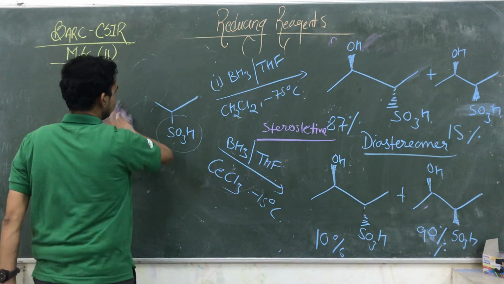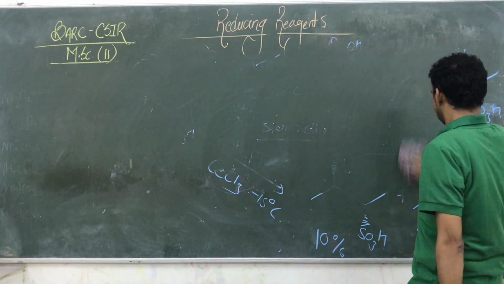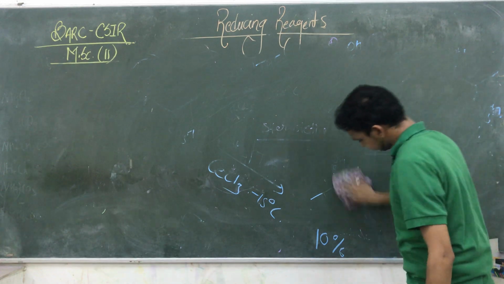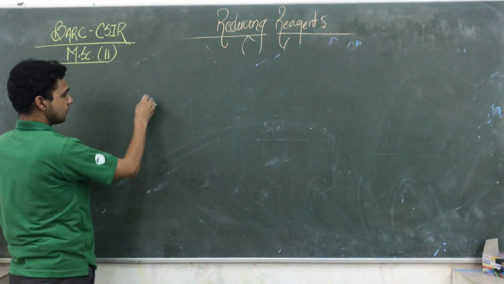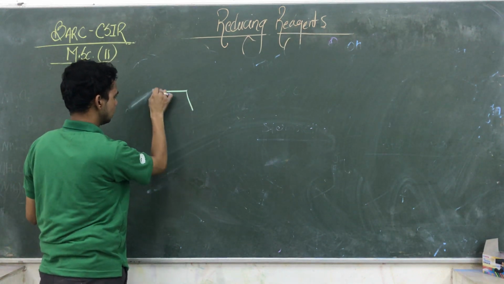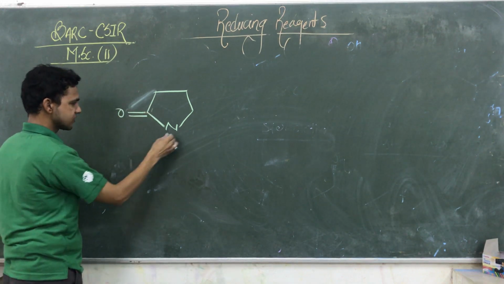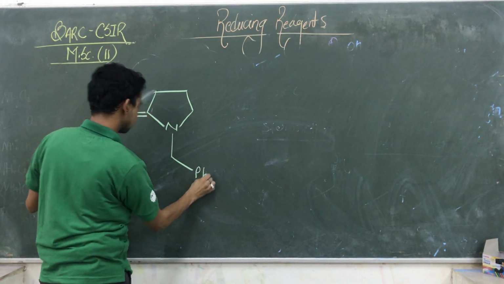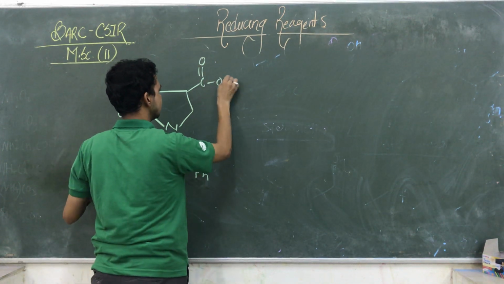In the next one, another reaction of BH3. We have a compound with Ph, and the other is COOEt.